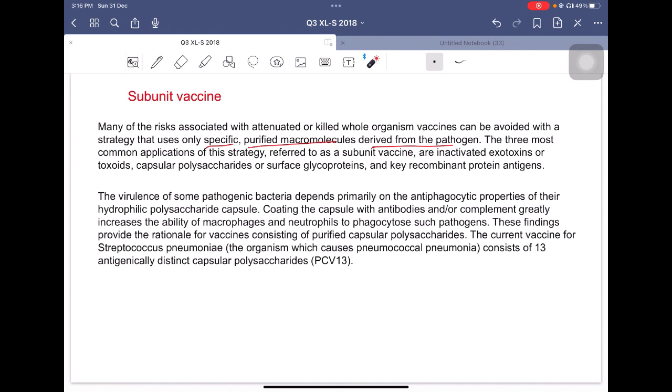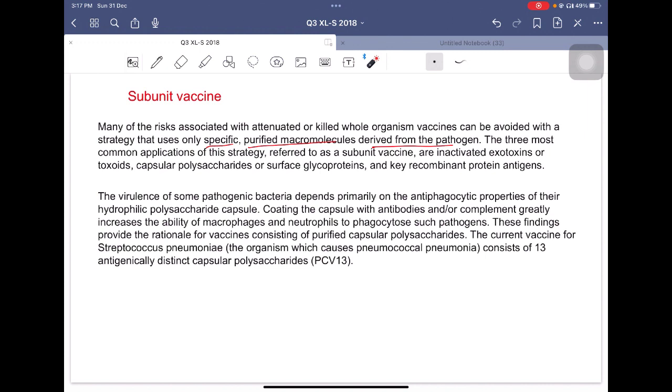there will be antibodies already produced inside the individual, against the polysaccharide on the capsule. These antibodies in the host's body will recognize the capsular polysaccharides and coat the capsule.